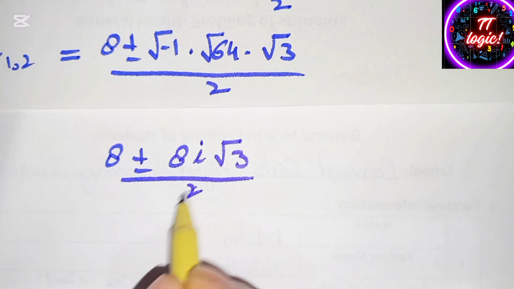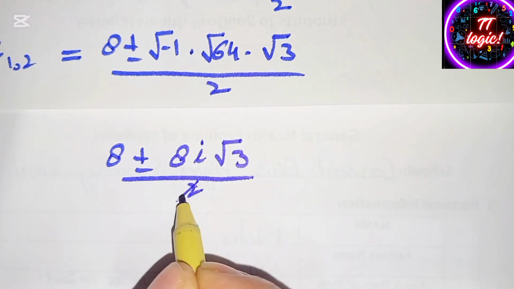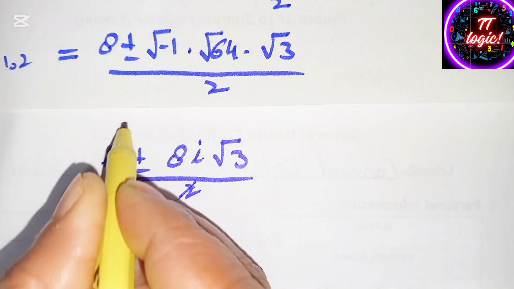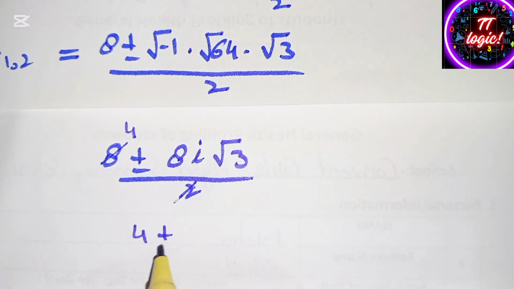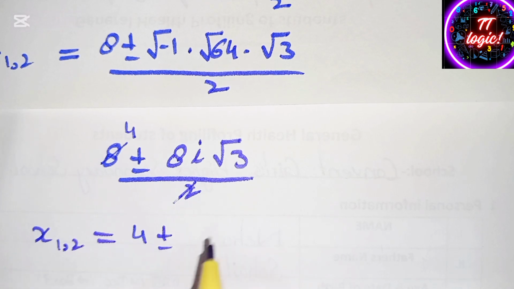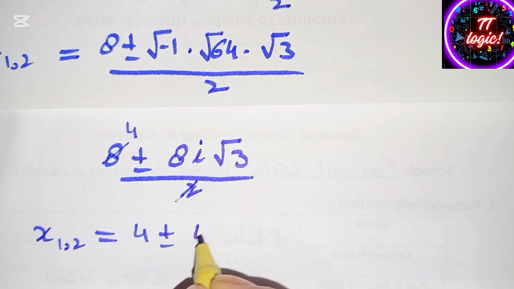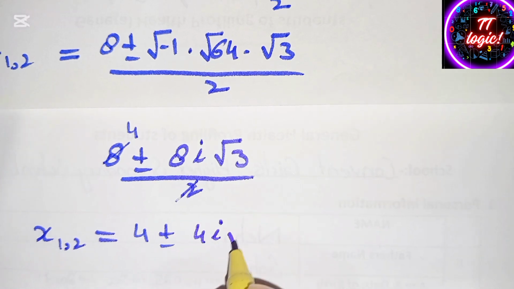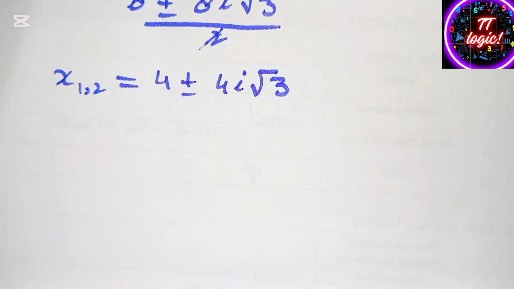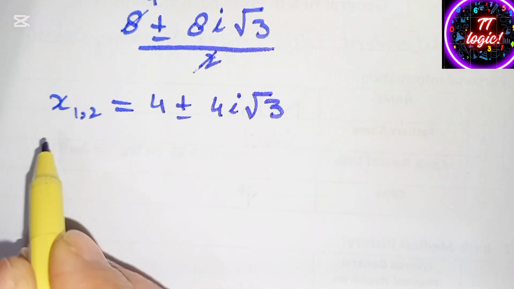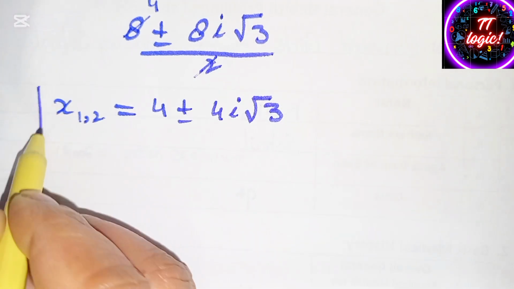And 2 divided by 8 is equal to 4, so now 4 plus minus 4i square root 3. Here are the two values of x.